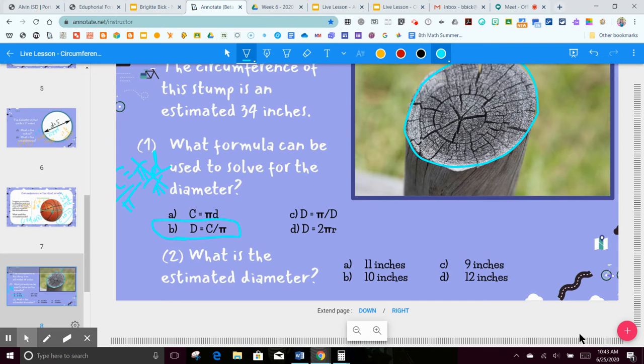So if circumference is 34 and pi is 3.14, then we are going to use division to figure out about how many inches. So you're 34 and then you're 3.14.